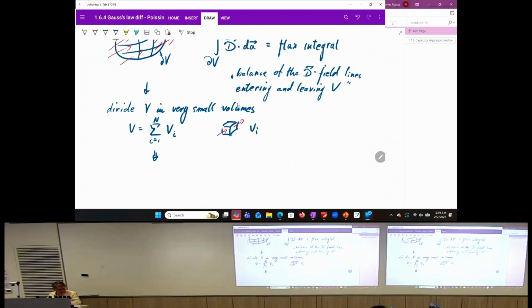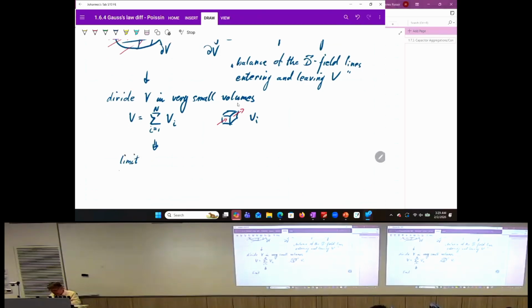Now make these volumes smaller and smaller, make that volume V sub I approach 0, and we go for the limit where V sub I becomes 0.